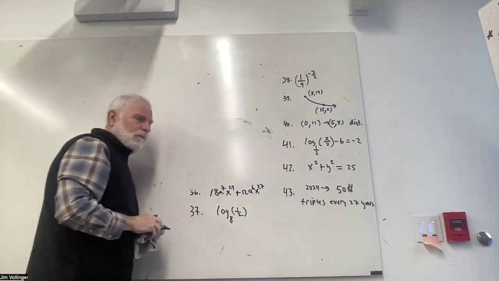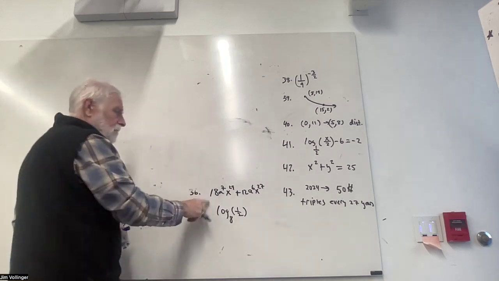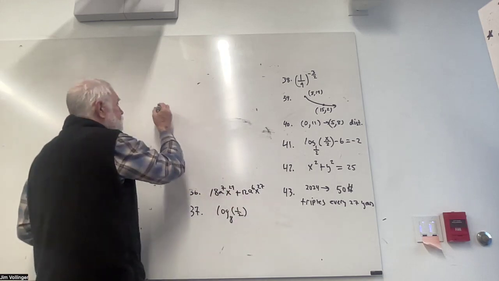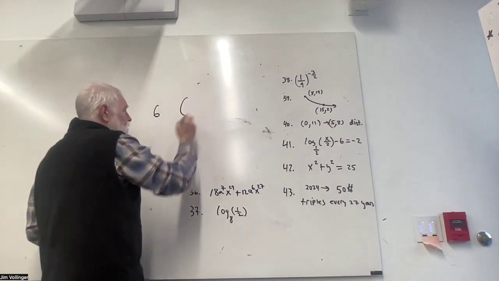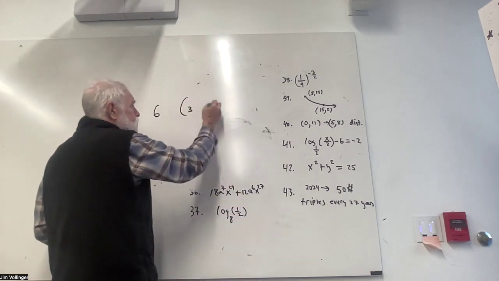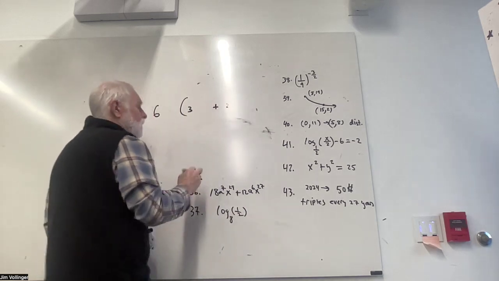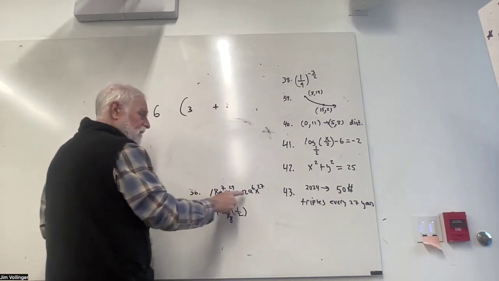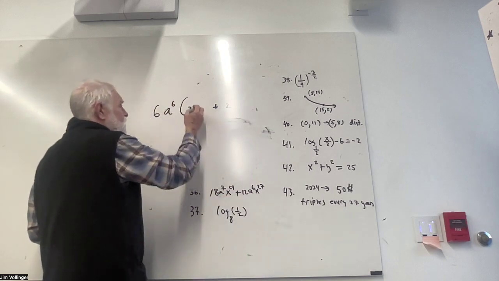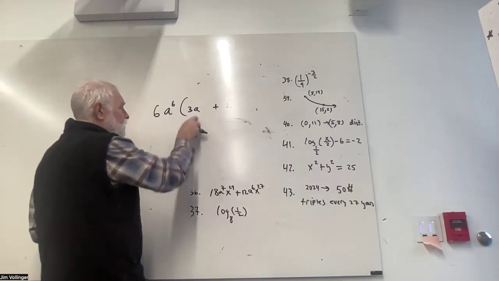I don't want Yasser having to write too much. Mental math this. What's common to 18 and 12? 6. So we immediately write 3 and a 2. What is common between a to the 7th and a to the 6th? A to the 6th. That means I need one more there to get a to the 7th.